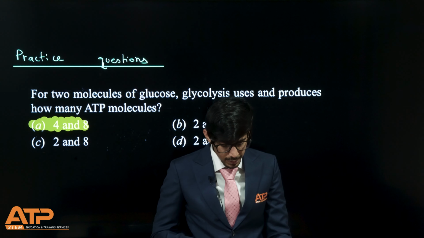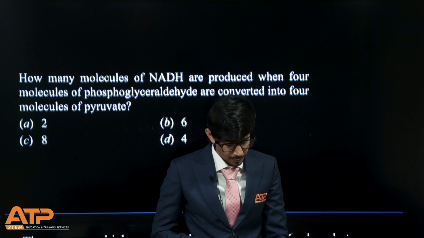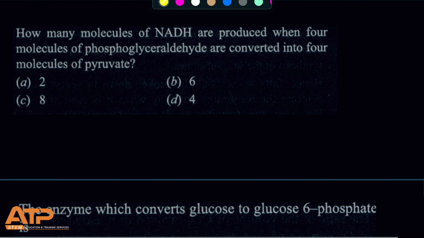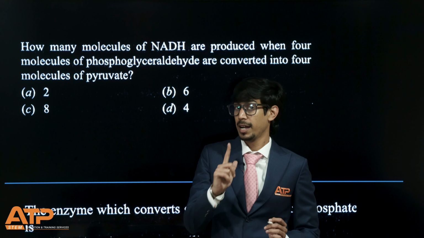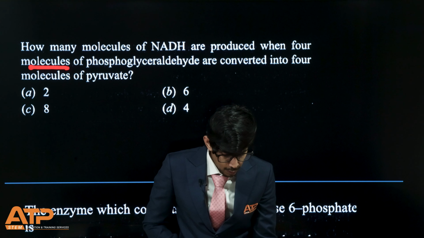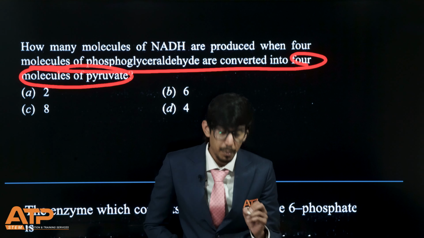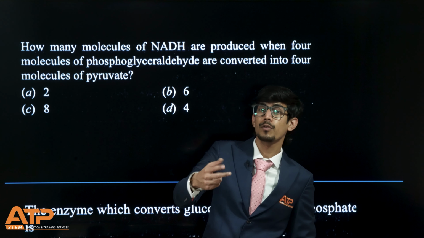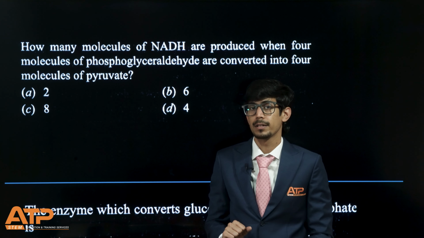Now let's look at the next question. How many molecules of NADH are produced when 4 molecules of phosphoglyceraldehyde are converted into 4 molecules of pyruvate? Now see again what they are asking. They are asking for 4 molecules of pyruvate, and the glycolysis that we discussed was for 2 molecules of pyruvic acid.